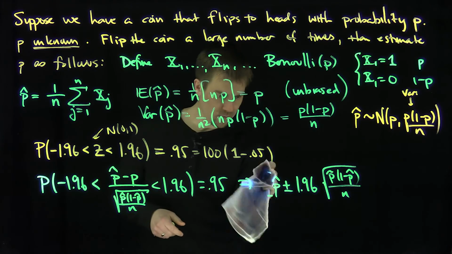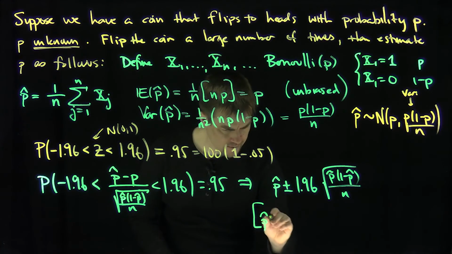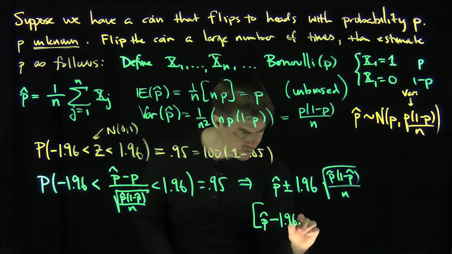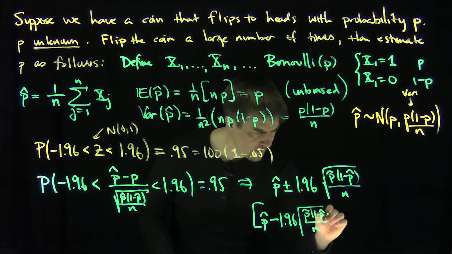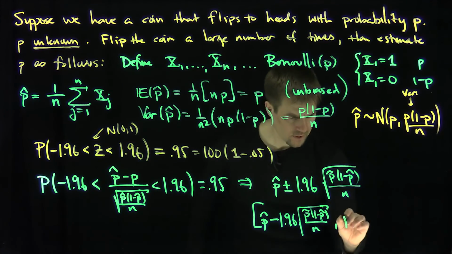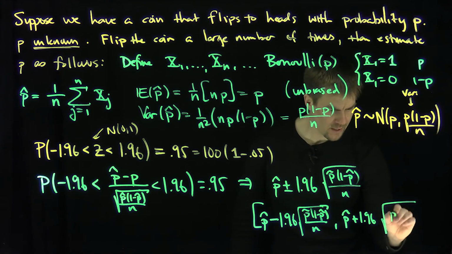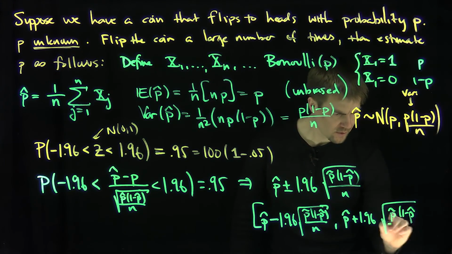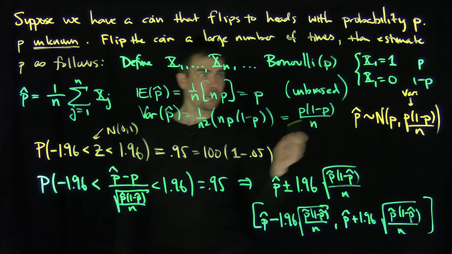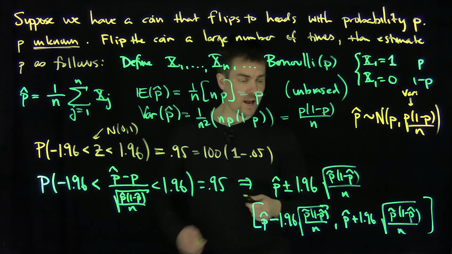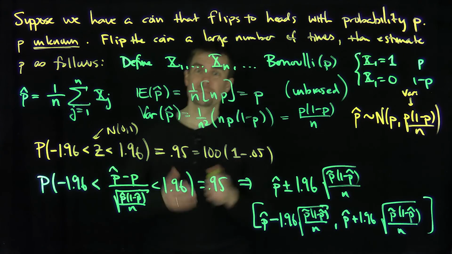We can also write this as p hat minus 1.96 square root of p hat 1 minus p hat over n, p hat plus 1.96 square root of p hat 1 minus p hat over n. And there is our 95% confidence interval for p, the probability the coin lands on heads. Thank you very much.